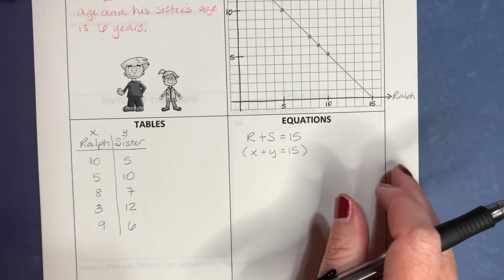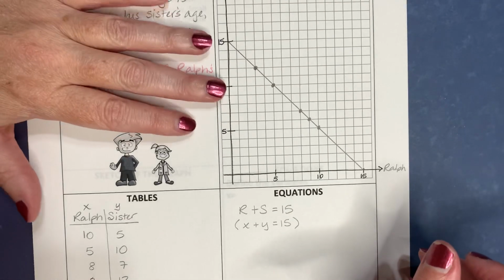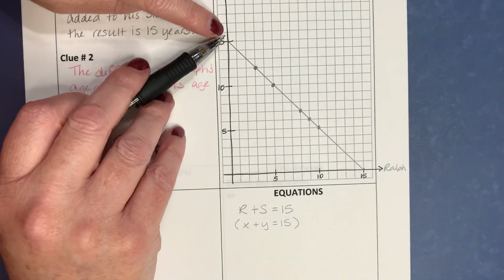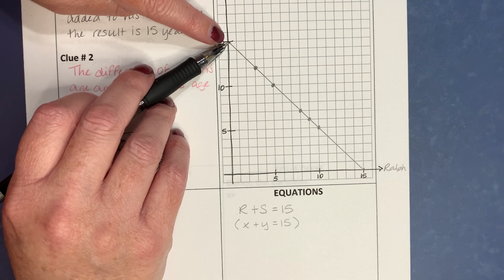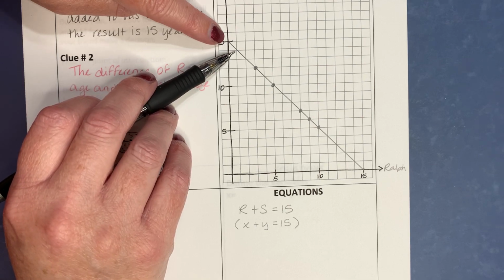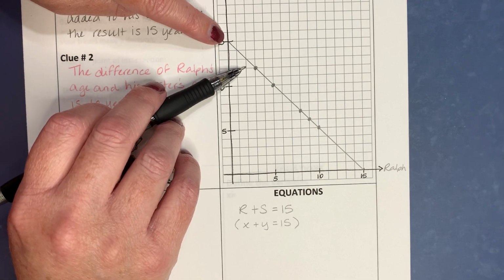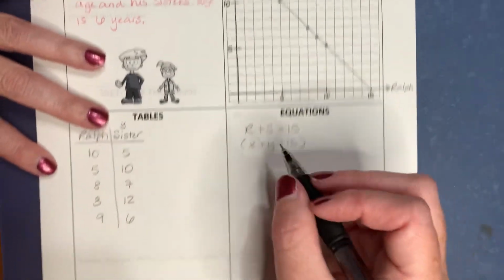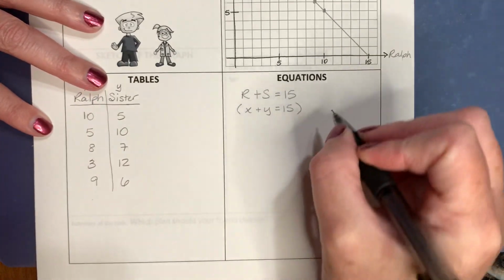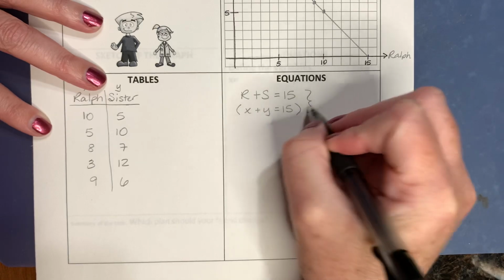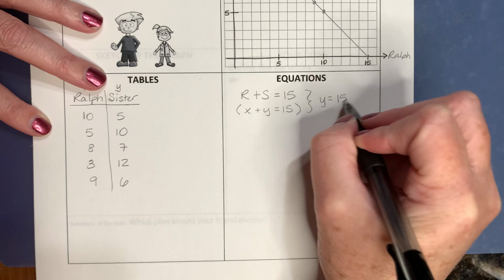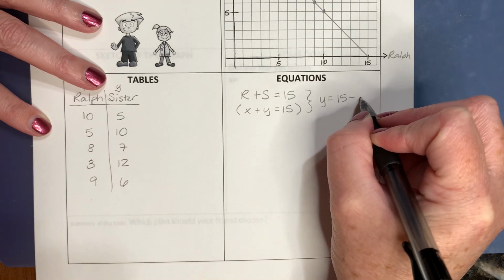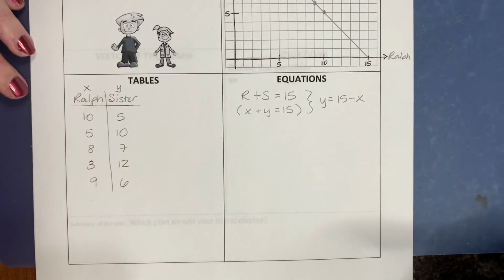If I was going to write the equation straight from the line itself, I would have a y-intercept of 15, and my slope is going down 1 over 1, down 1 over 1, down 1 over 1. So if I were to write this as y equals, I start at 15 and I'm subtracting 1 x value every time.